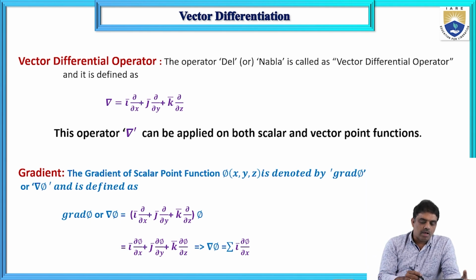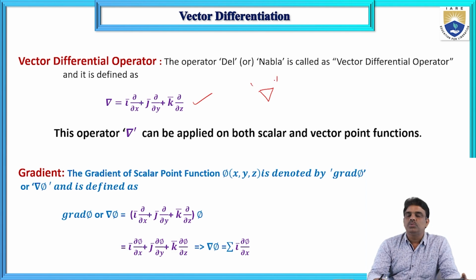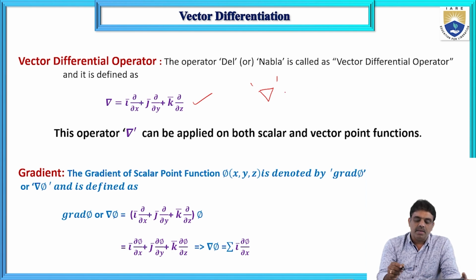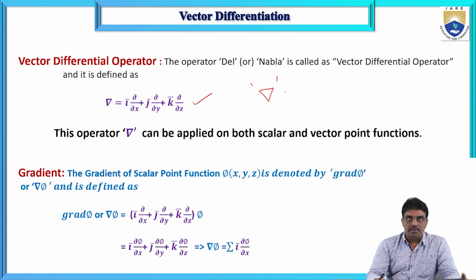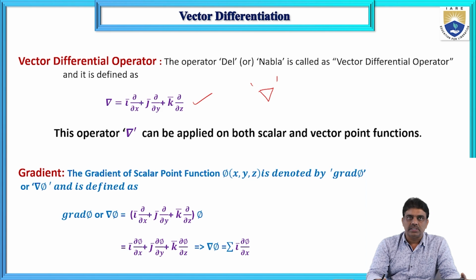It is a symbol, and we call it del or nabla, which is used to show the vector differential operator. This operator del can be applied on both scalar point functions and vector point functions.